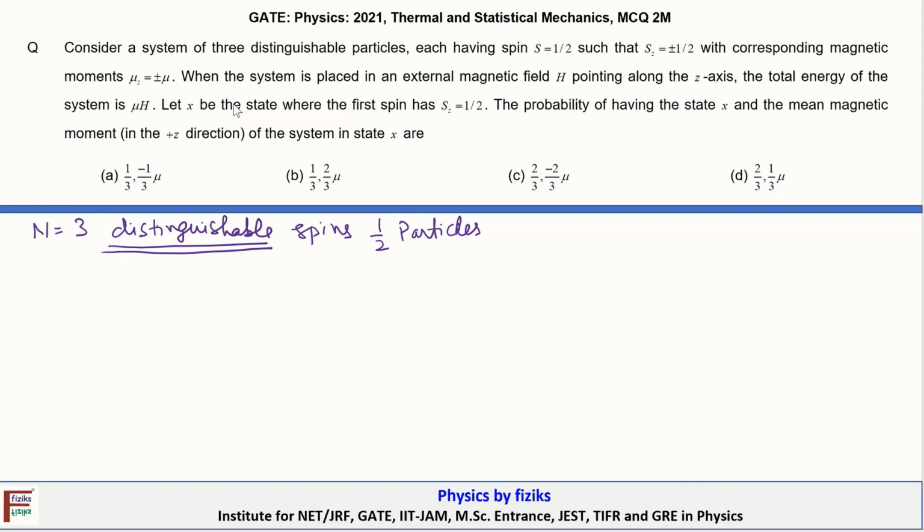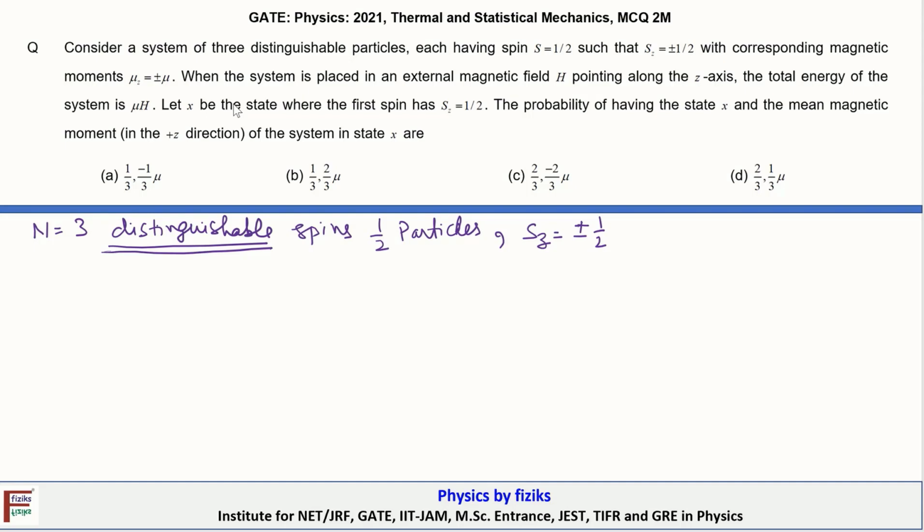Such that, it's further given that Sz is equal to either plus half or minus half, depending upon whether the spin is aligned along the field direction or opposite to the field direction.